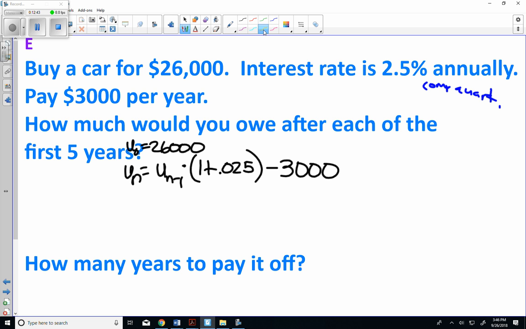All right. Then you take your calculator and put that all in. 26,000 times 1 plus 0.025 minus 3,000, and you will get 23,650. That's how much you have left to pay after the first year. Then you do it again and you will get 21,241.25.